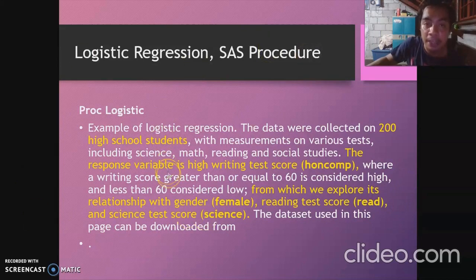So, what we analyze in our sample with logistic regression is that we need to identify, from the 200 students, the highest writing test scores from the various tests such as math, reading, and social studies.